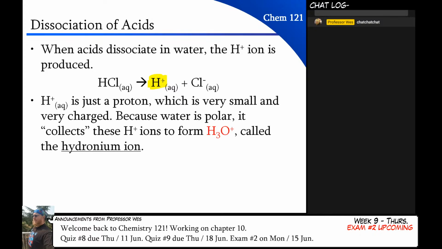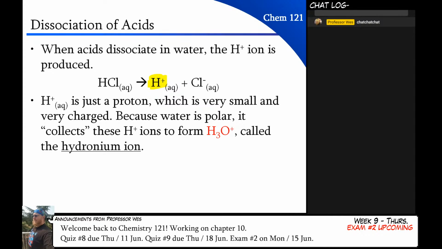Now, H+ is hydrogen without an electron on it, which means that it's just a proton floating around on its own, so very alone. It's this little tiny charged proton, and it's very sad. Now, because it's very tiny and it has a very strong charge to it, anything with a negative polarity or charge is going to be attracted to this.